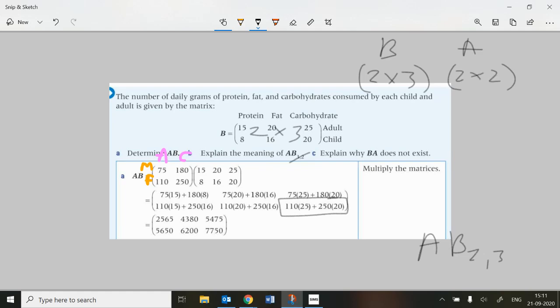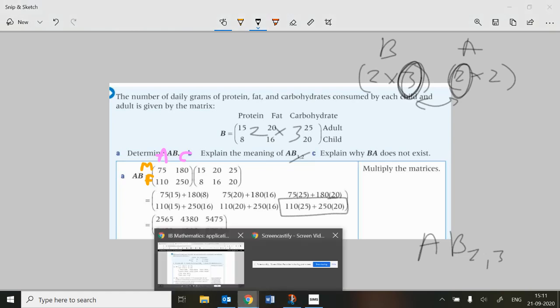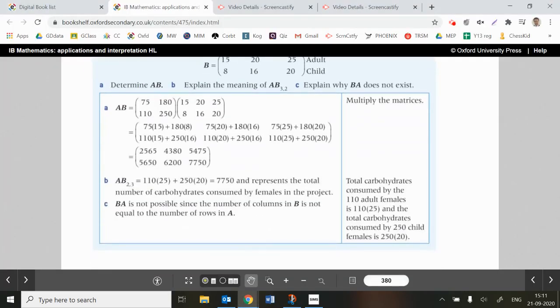It is not possible to do it this way around because you have a different number of columns in B to the number of rows in A. So that's not going to work. Those two things need to be the same. Let's have a look at the answer that they give here as well. It says BA is not possible since the number of columns in B is not equal to the number of rows in A.